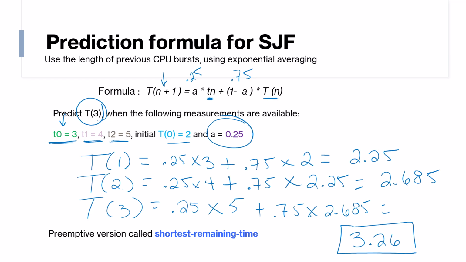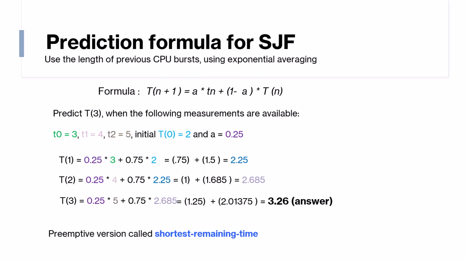So let's just go over what we calculated here. Okay, so you want to predict T of 3.